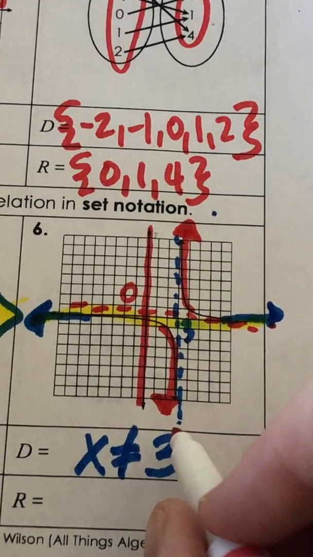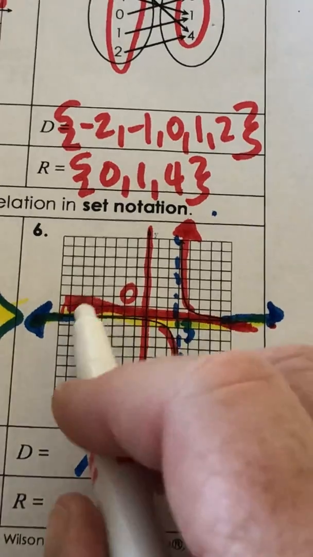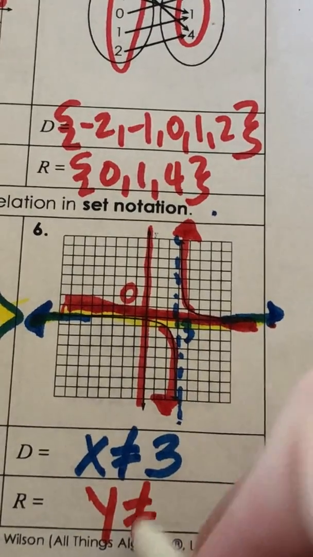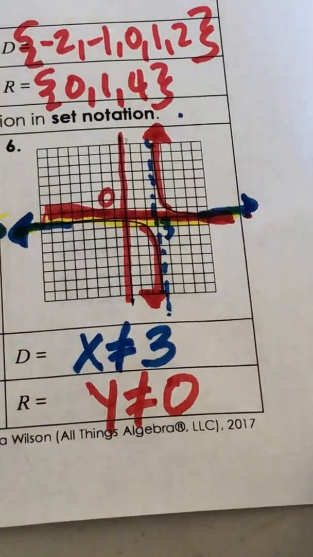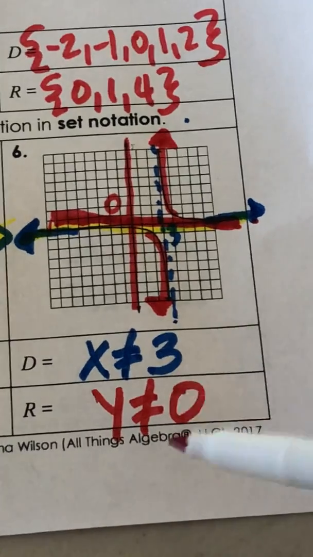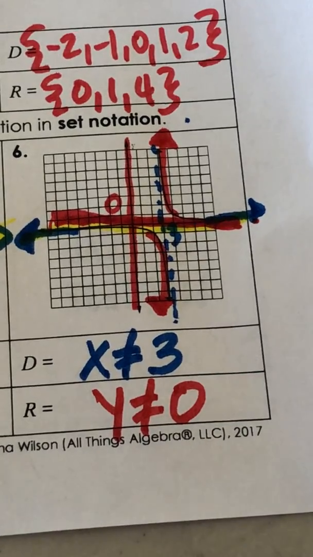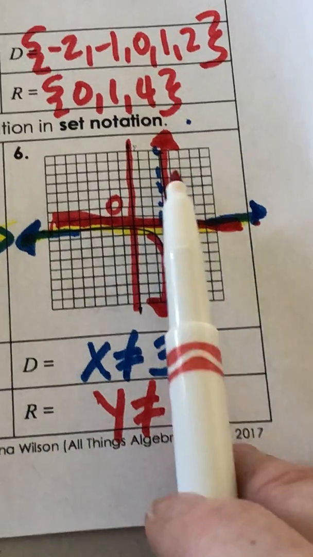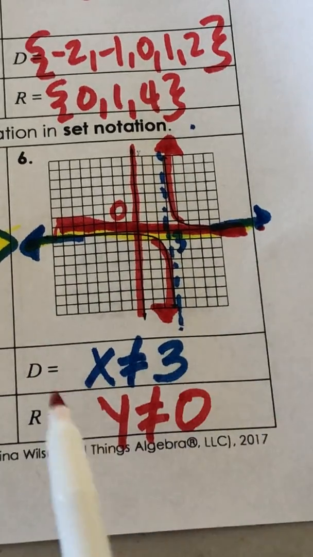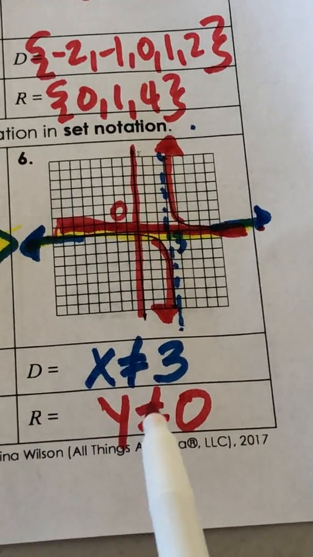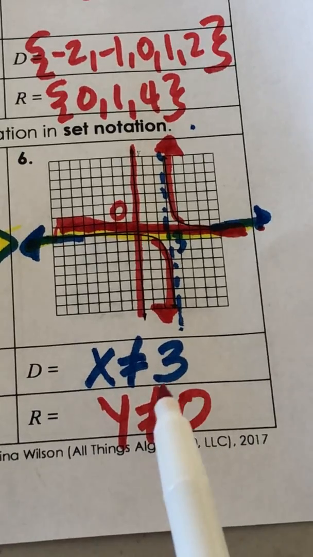So the only place we don't have a y value is at 0, because that's another asymptote. So when you have asymptotes like that, really, as long as the functions still have arrows on every side, you're going to include everything except where the asymptote is.